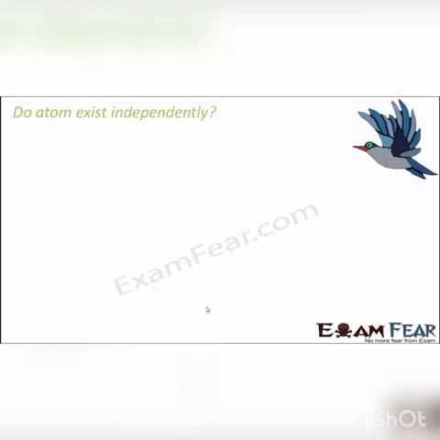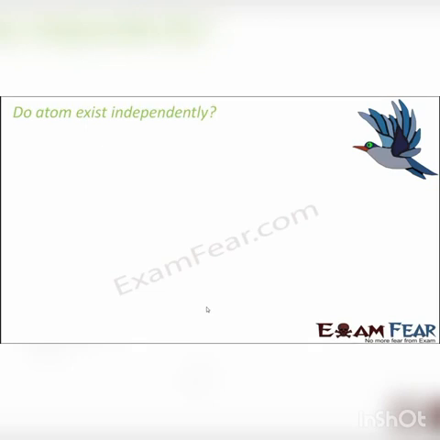Now we talked about the atom, we talked about size, we talked about the weight of the atom. Now the question is, can an atom exist independently, like a bird or anything which exists independently? Is it possible?